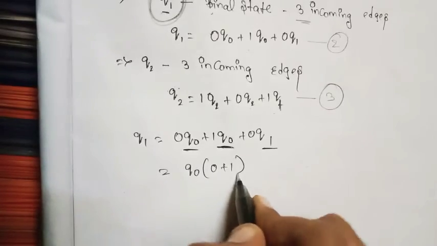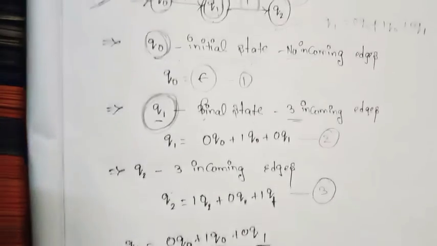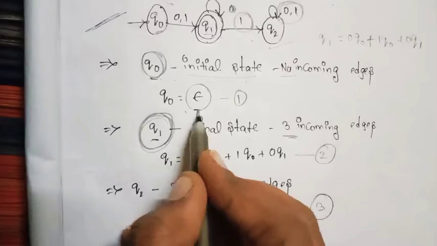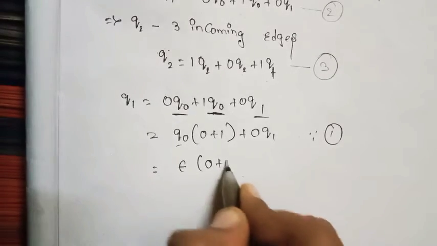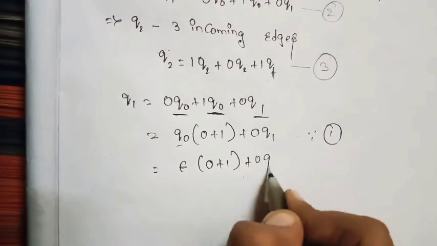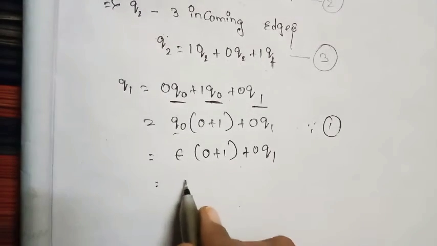In place of q naught, what value do we have? Epsilon, from equation 1. So it is epsilon times (0 plus 1) plus 0 q1. Whether we have epsilon or not, we just take 0 plus 1 plus 0 q1.